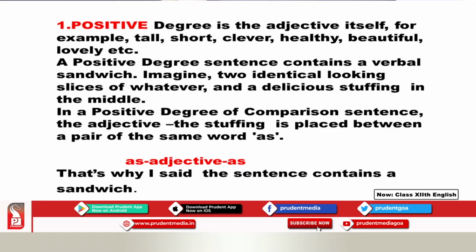In a positive degree of comparison sentence, the adjective, the stuffing, is placed between a pair of the same word as. As, adjective, as. That's why I said the sentence contains a sandwich.